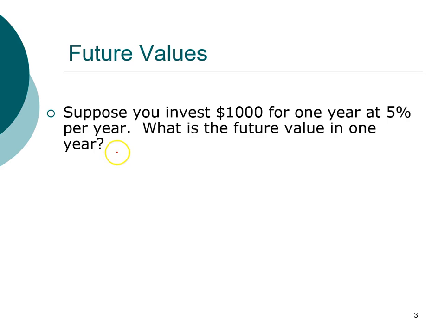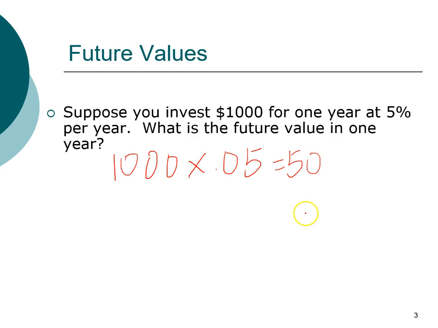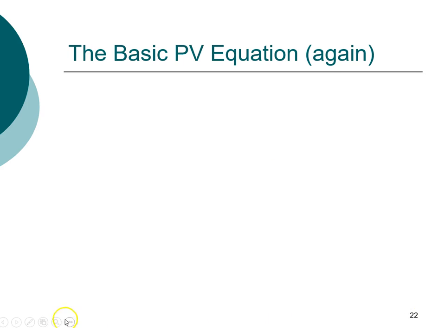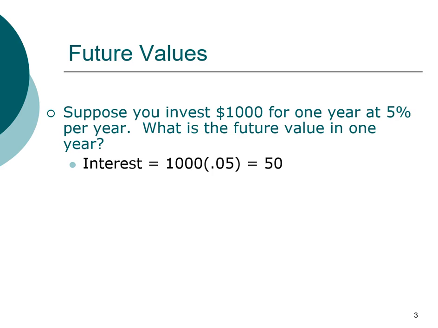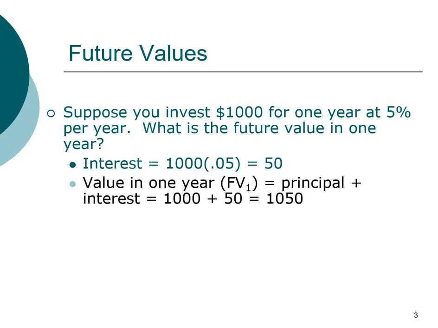If you invest $1,000 and you earn 5%, so 5% is 0.05, that means you get $50 in interest. With the $50 in interest and the original $1,000, altogether at the end of 1 year, you have a total of $1,050. We call the $1,000 that we start off with our principal, and the $50 we earn is, of course, our interest.